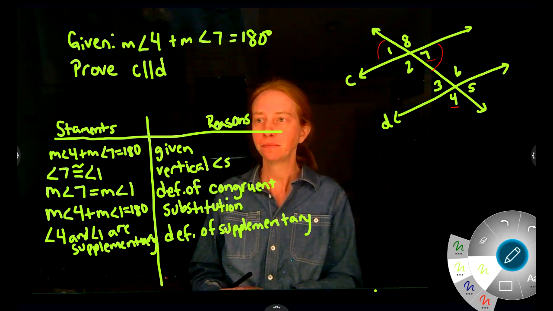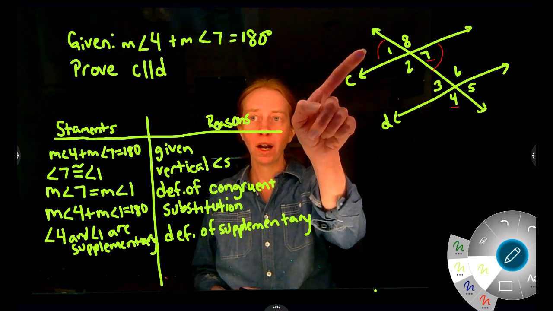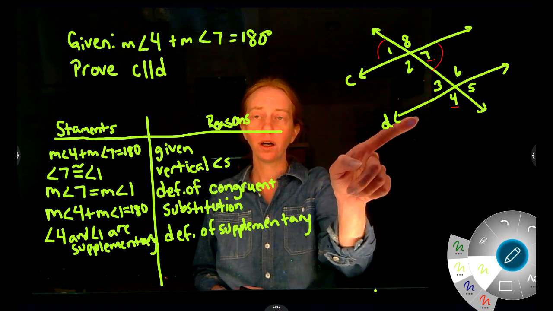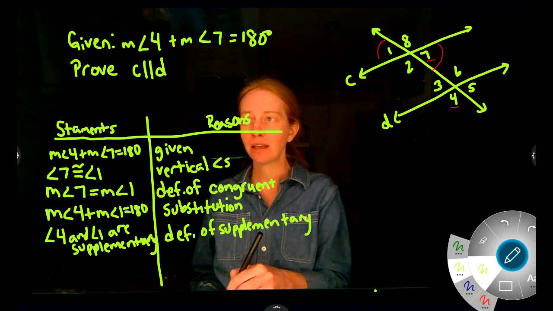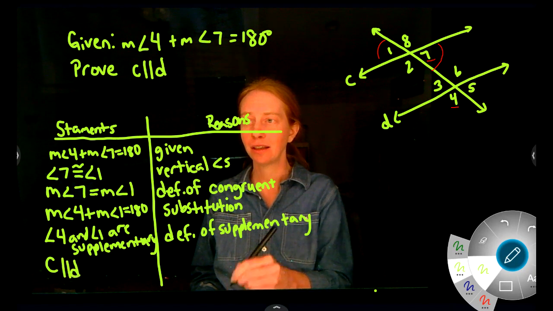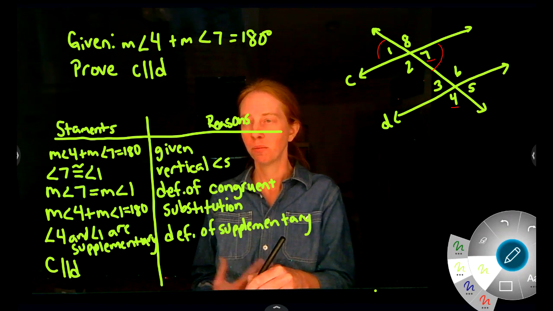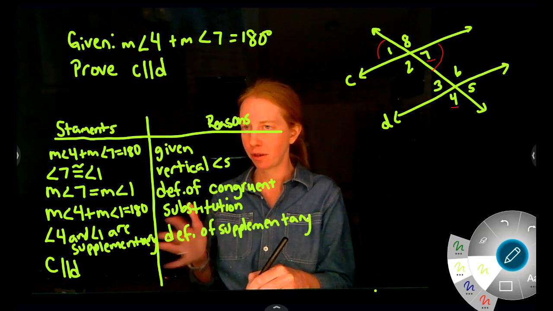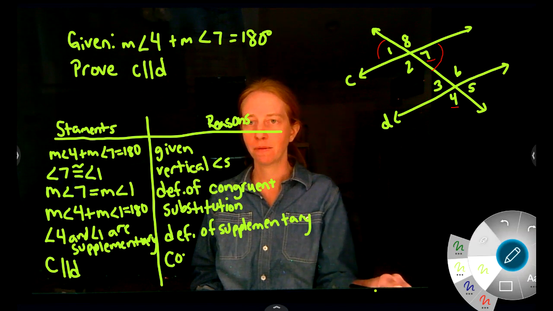All right. And now, because we know that angle 1 and angle 4 are supplementary, we can actually say that C is parallel to D. And the reason for that is what we call the converse of, okay? But really, we don't even have to write that for me this year. You can just write because consecutive, or sorry, I'm using the wrong word.